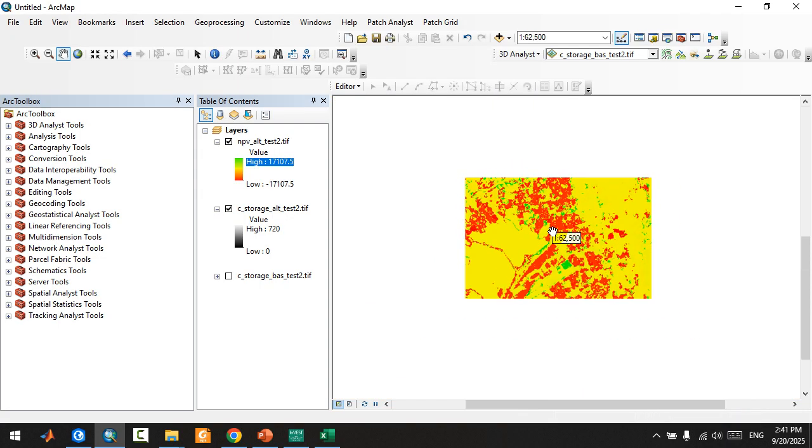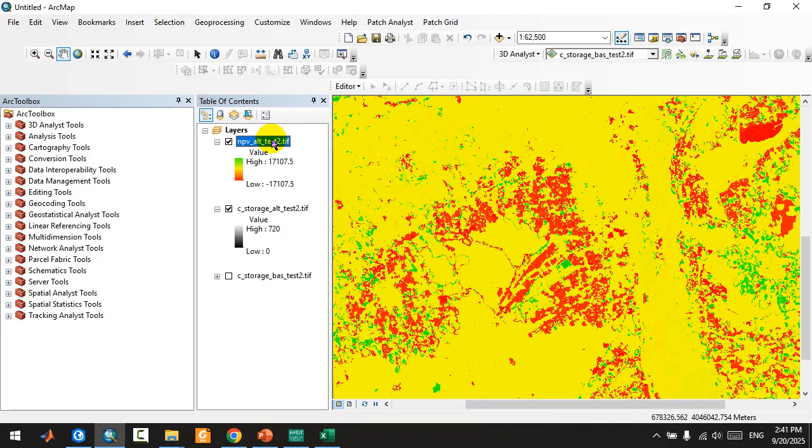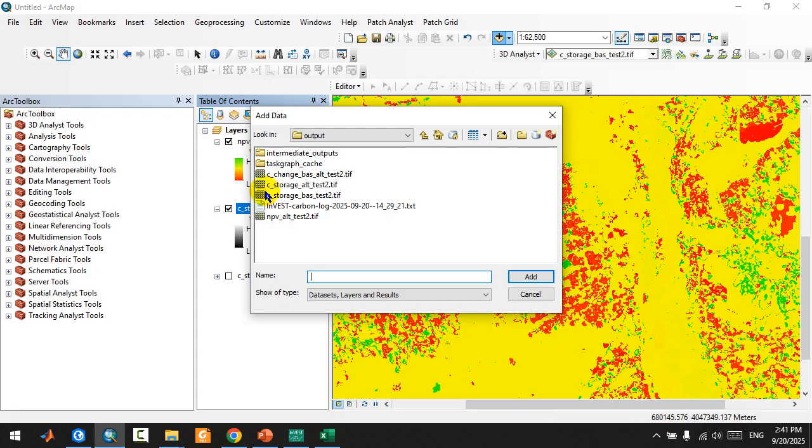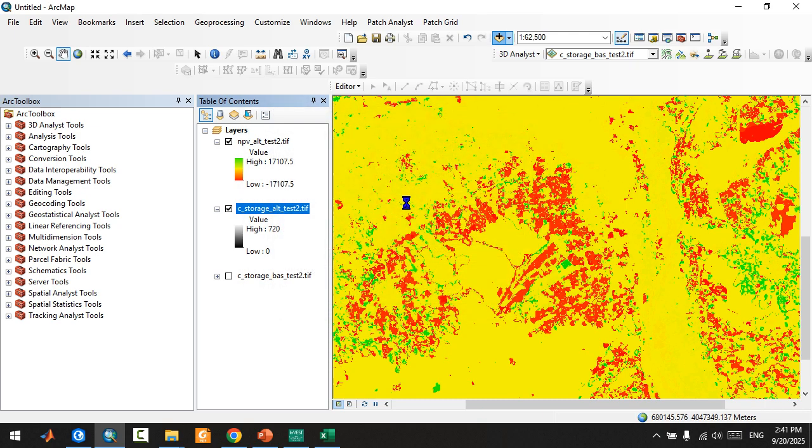Okay, and NPV and difference, carbon change, all carbon change, baseline and alternative years, add.